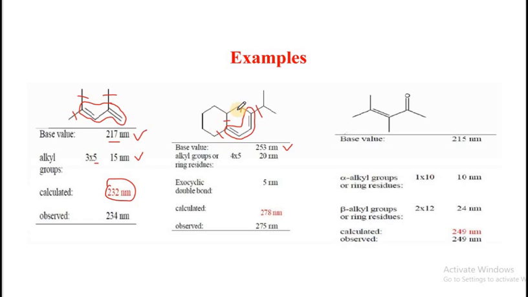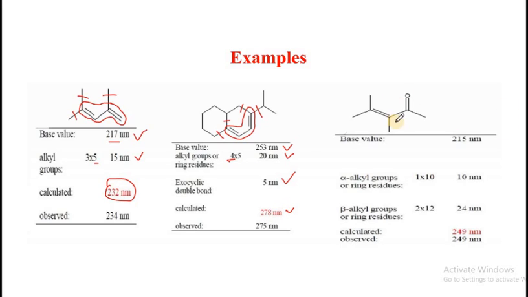So we have 3 ring residues and 1 alkyl, that is a total of 4, and for each the value is 5, that is 4 into 5, that is 20 nanometer. So 20 nanometer is added for ring residues and alkyl substituent. And then this double bond is exocyclic to this ring, present outside this ring. So for this 5 nanometer is added, and after adding everything the value comes out to be 278 nanometer.